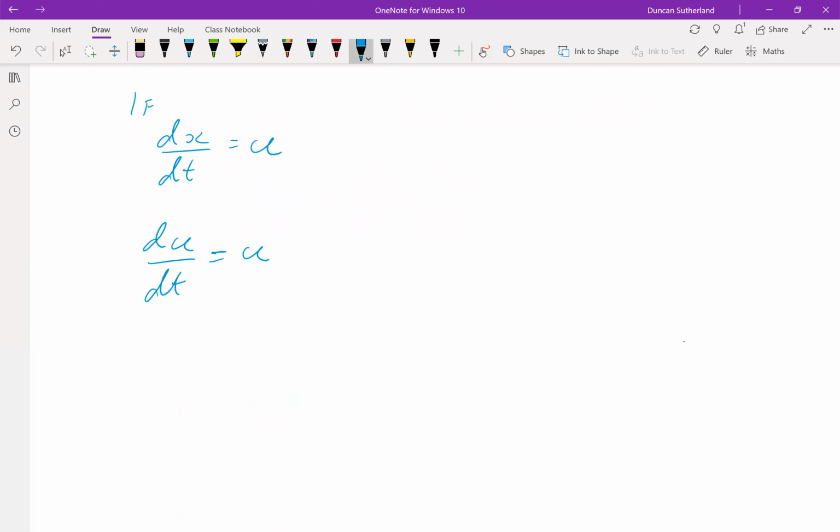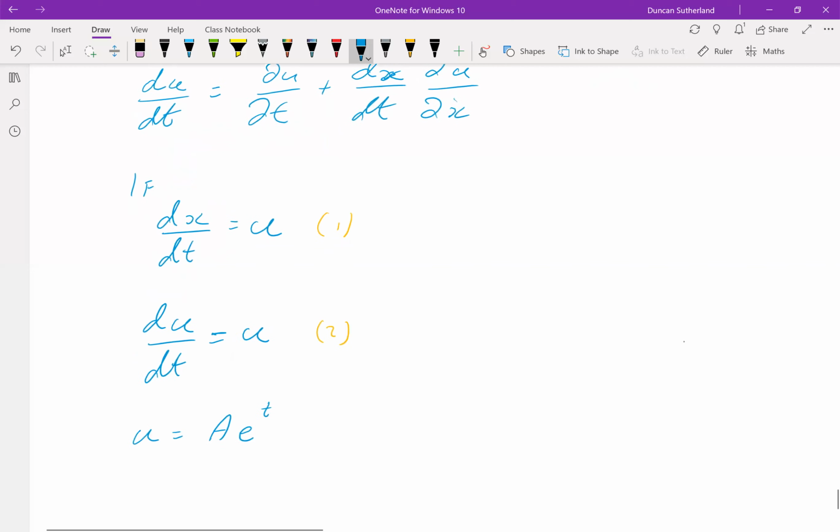This equation here, number 2, is really straightforward. It's a separable first order ODE. It implies that u has exponential solutions. Right, so you do your usual separate and integrate, and you get this. We have an initial condition here, so we can apply it to find out what capital A is.